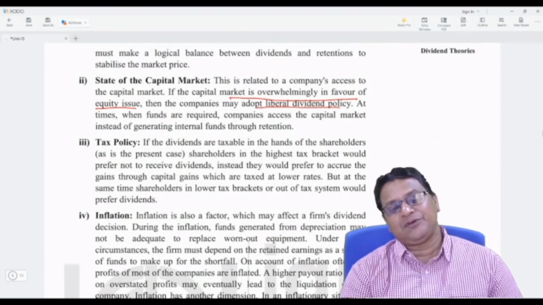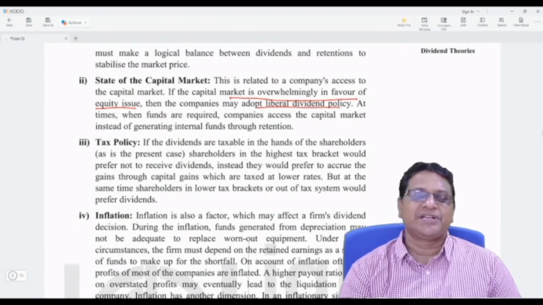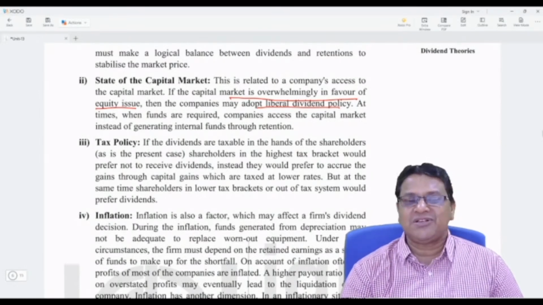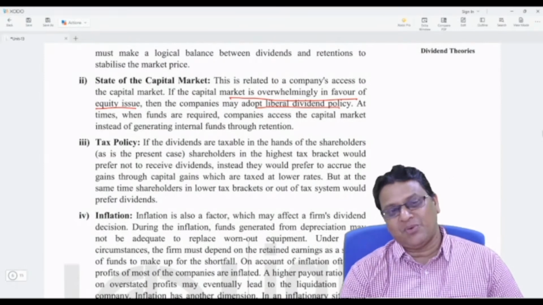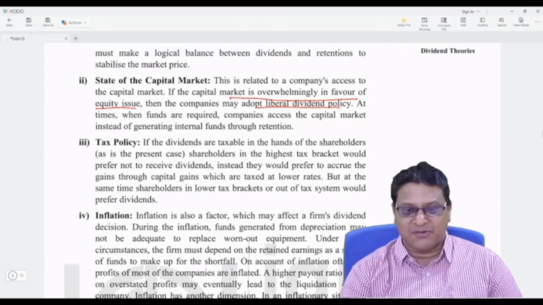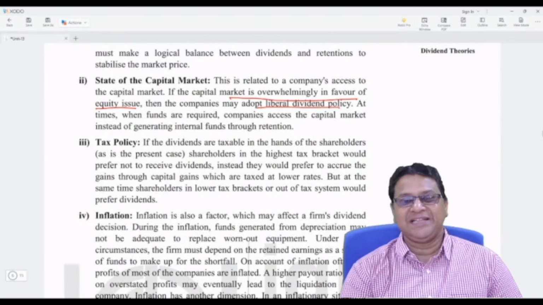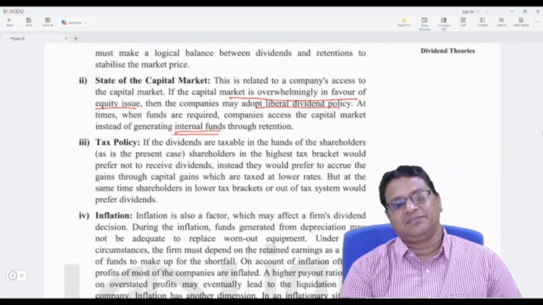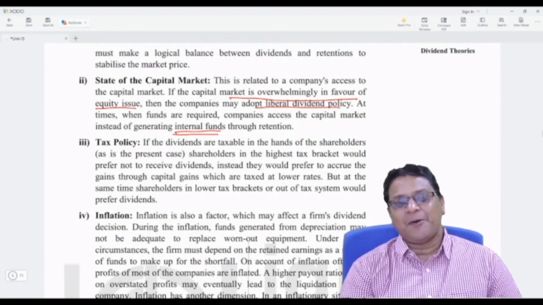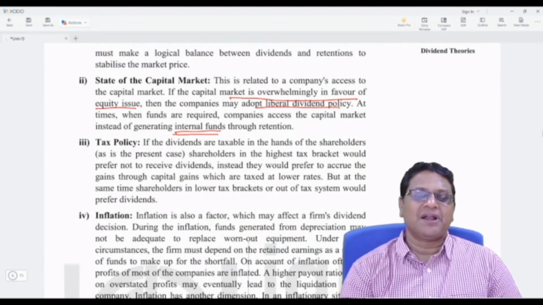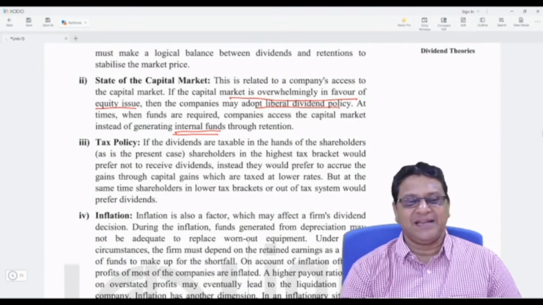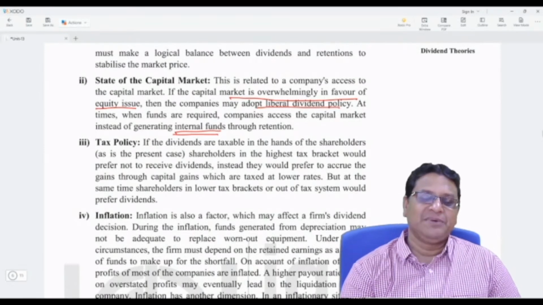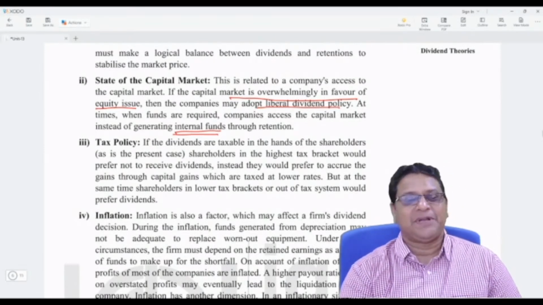That means if it needs funds in future, it can approach the capital market as and when required because the condition is favorable. But if the condition in the capital market is adverse, then the company has to depend upon internal funds, and in that case it should not pay liberal dividends. It pays less and less dividend. So the second factor which affects the dividend policy is the state of capital market.